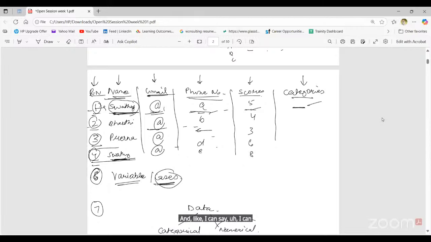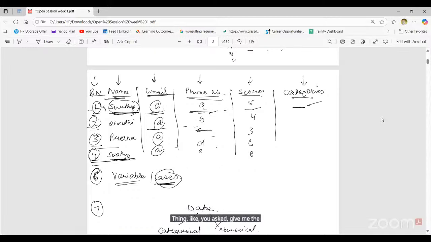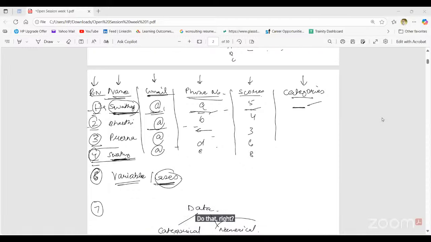I can ask, give me the marks of the student whose phone number is 829212, like you asked for the roll number, give me the marks of roll number 4. We can do the same for phone number also. But you usually don't ask that. Phone number can be a case, but mostly in the questions you won't say that as a case. Normally we don't ask for the person whose phone number is like that. It's contextual, depending on what we are talking about, we can consider it as a case.